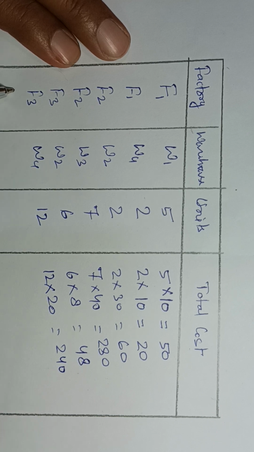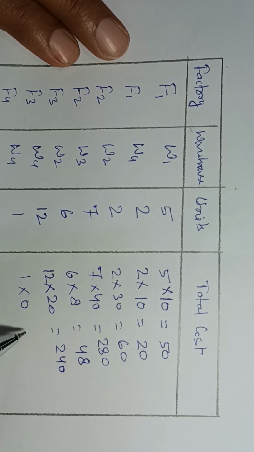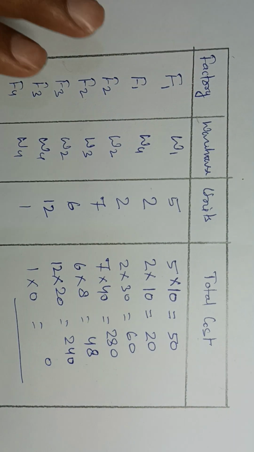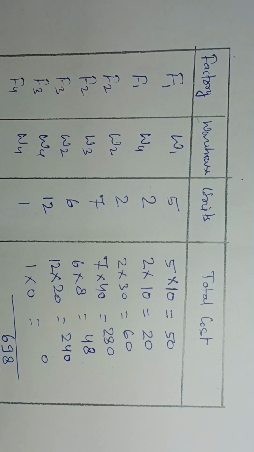And again F4, that is the dummy row, F4 to W4, that is 1 unit, so 1 into 0 cost equal to 0. We will make the total of this, which gives 698. So this is the optimal solution. In this way we use the MODI method to solve the transportation problem.